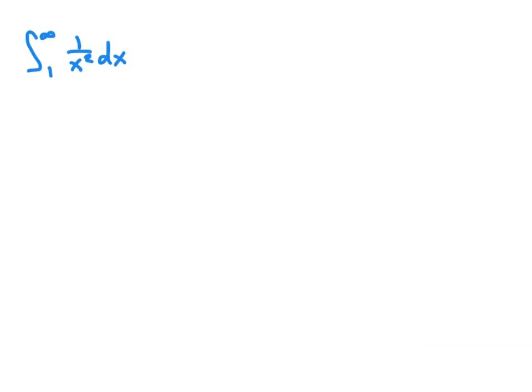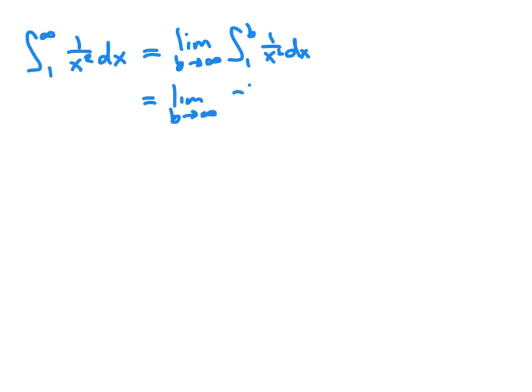So the improper integral from 1 to infinity of 1 over x squared dx, we can compute this by thinking of it as the limit as b goes to infinity of the integral from 1 to b of 1 over x squared dx. We can find an antiderivative of our integrand here. The antiderivative of 1 over x squared will be negative 1 over x, and we'll evaluate that from 1 to b.